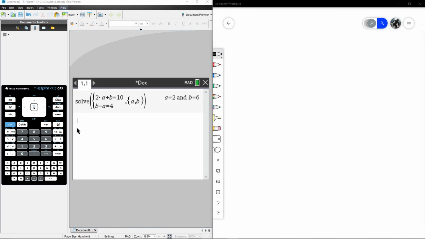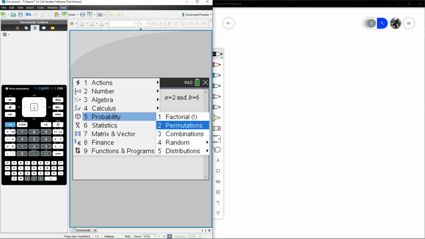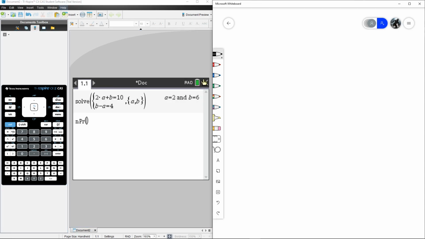So now we'll be talking about the probability functions. If we go to menu, probability, the first one we'll be talking about is permutations. I'll briefly skim over the definition of a permutation versus combination. If you have 3 items, A, B, and C, how many ways can I select 2 of these items? Your options are going to be AB, AC, BA, BC, CA, CB.